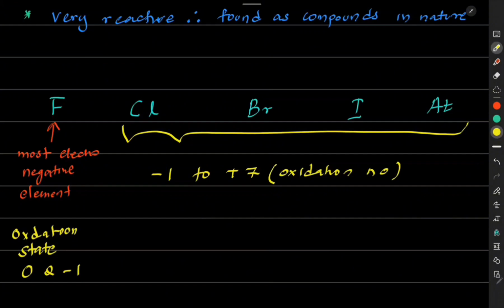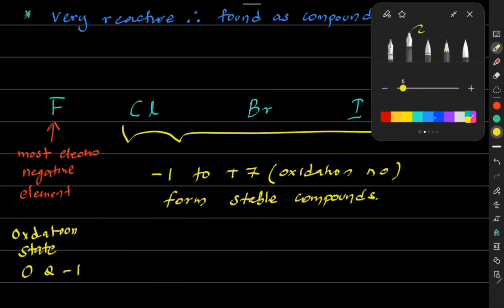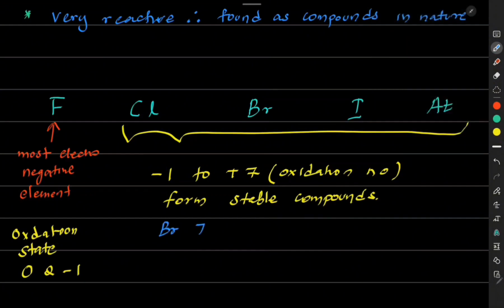In these oxidation states, these elements form stable compounds, but Br 7+ is unstable.